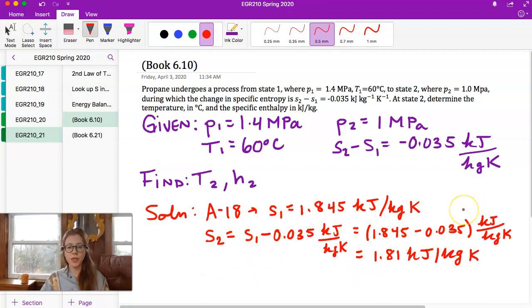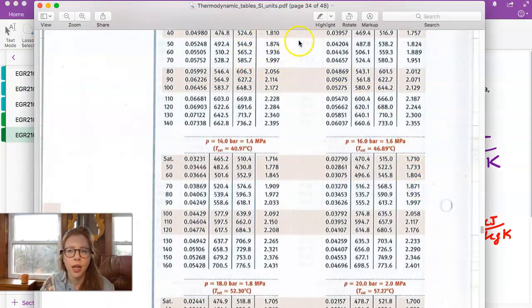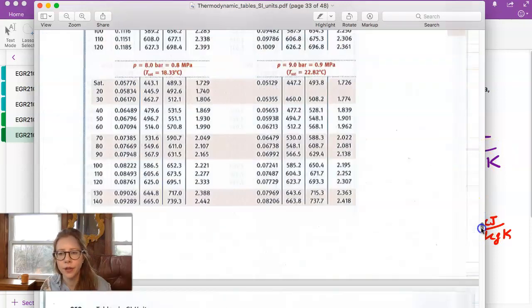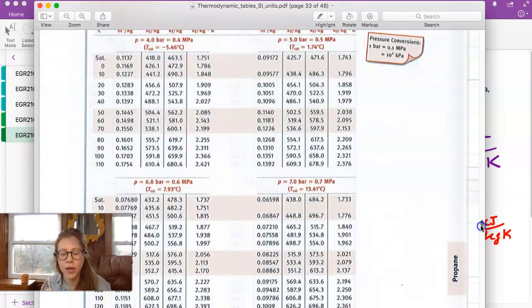All right, so now we can go ahead and look up what T2 and H2 must be. So let's open up our tables. And we need to find for a pressure of 1 megapascal.